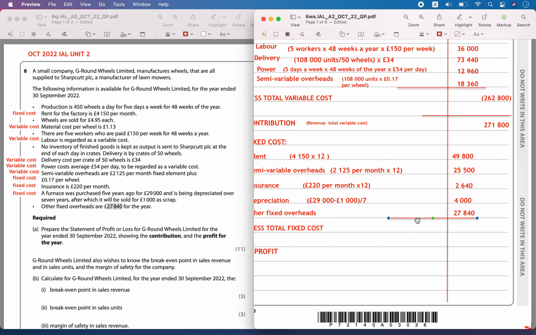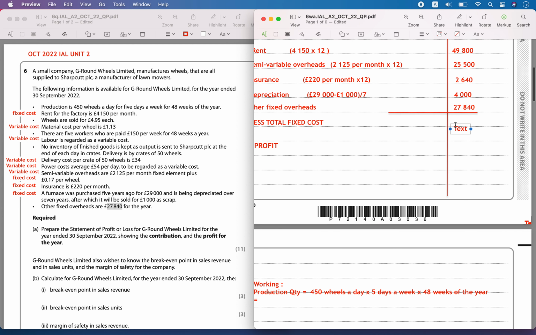The total fixed cost is going to be 49,800 plus 25,500 plus 2640 plus 4,000 plus 27,840. So that is equal to 109,780.